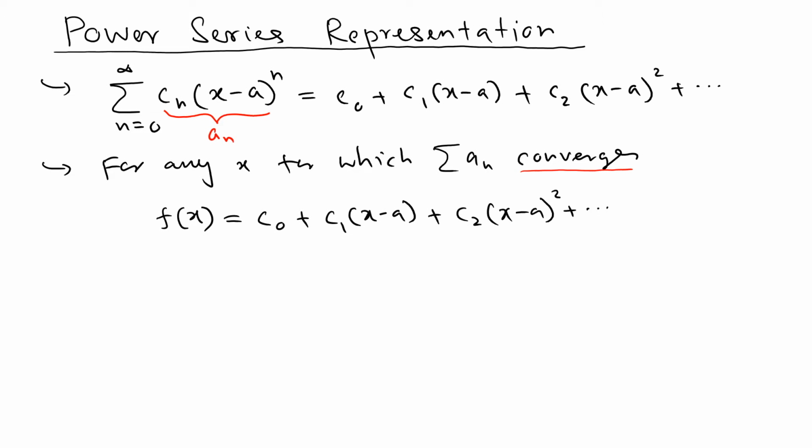You pick an x value, you get a value, and you get a bunch of values like that. So it's going to define a function. For each x, there's a value, and that we can represent as a function.